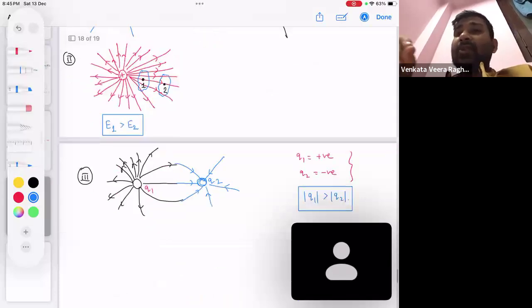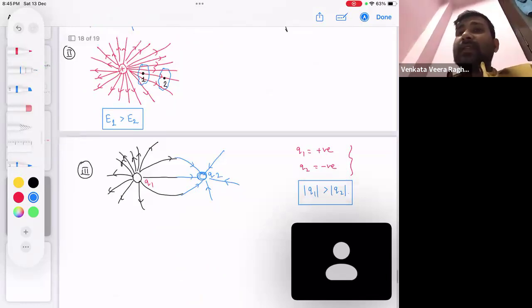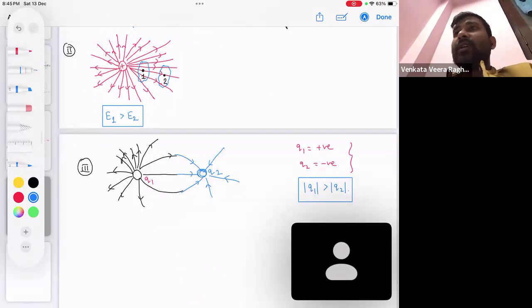Second thing, if I want to compare the field between 2 points around a charged particle, I will draw an imaginary area, right? We should take the same area at two different points because we want to do the comparison. The area through which more number of field lines pass is the point where the electric field due to the charged particle is greater.